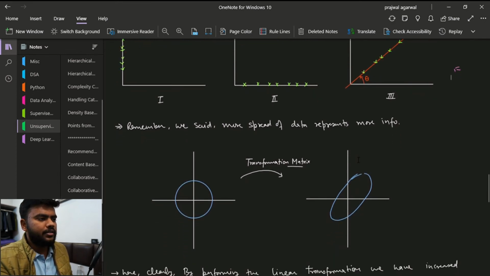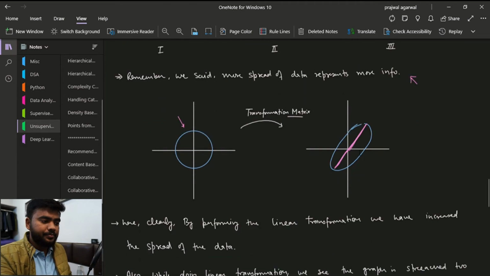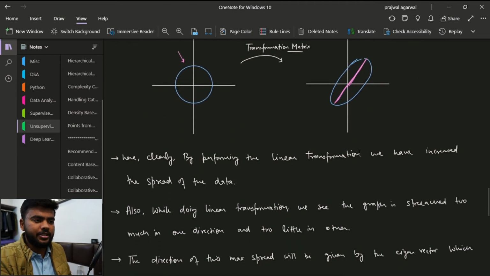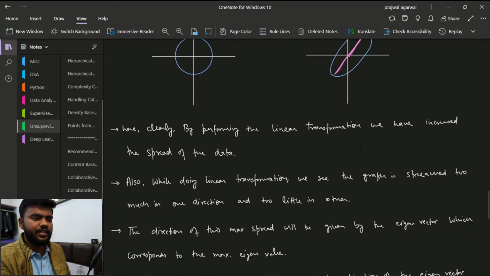Now, remember we said that more spread of the data represents more information. So if earlier our data was something like this, and after we perform the transformation it becomes something like this, it is very clear that the data is very well spread now in this direction. Clearly, by performing the linear transformation we have increased the spread of the data, and also we see the graph is stretched too much in one direction and too little in the other.